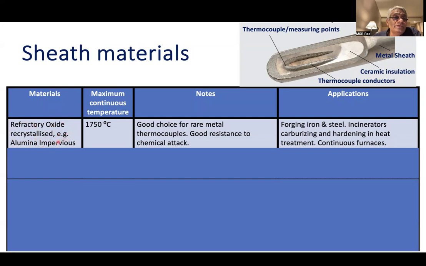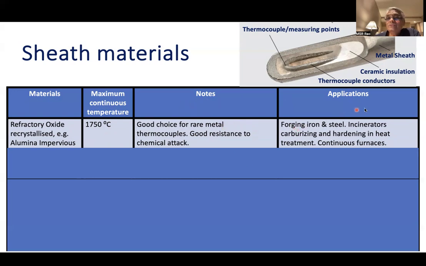Alumina is one of the very effective materials used as a sheath material, ceramic insulation. Maximum continuous temperature can be as high as 1750 degrees centigrade, and it's a good choice for rare metal thermocouples.